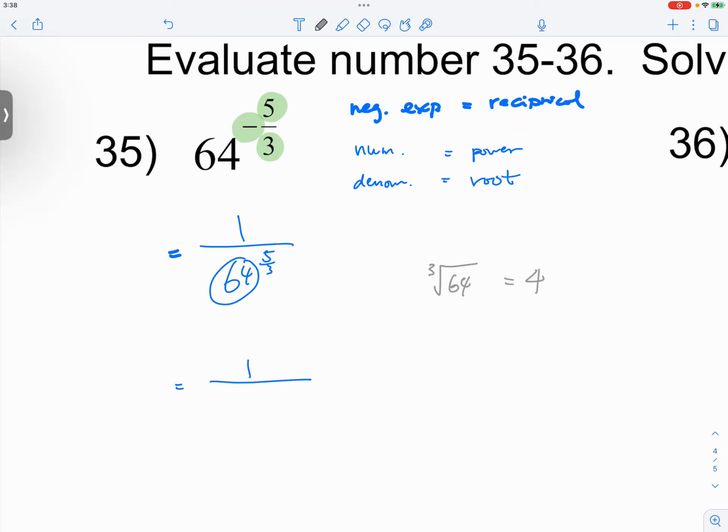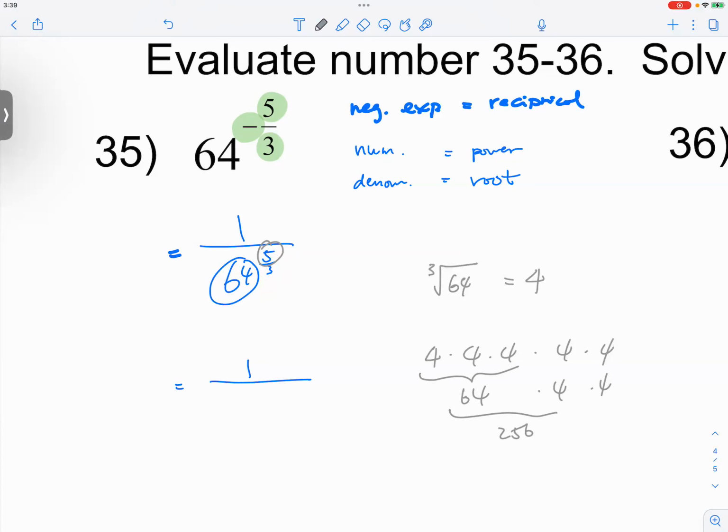And then don't stop right there. Right after you get a 4, ask yourself, what is the 5th power of 4? Ooh, that's going to be a bit challenging, because I know 4 times 4 times 4 times 4 times 4 is 4 to the 5th power. I know that this is 64. What is 64 times 4? That will be 256.